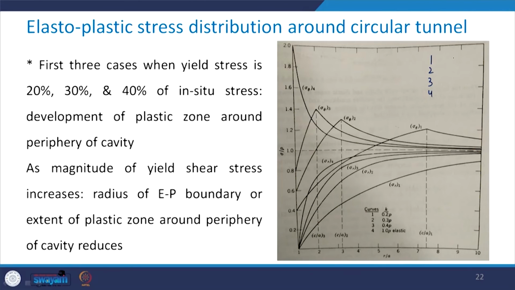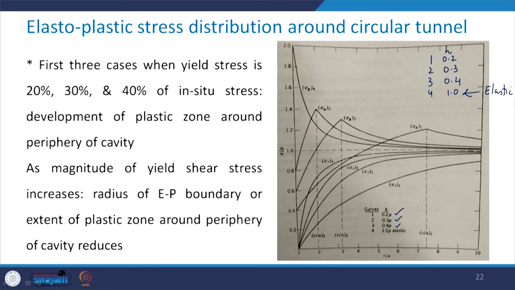The first case corresponds to when h is equal to 0.2, second case is for 0.3, third is for 0.4, and in the fourth case h will become equal to 1. You can see here that it is written. So, when this is the fourth case, as we have seen, this is going to be a fully elastic situation.